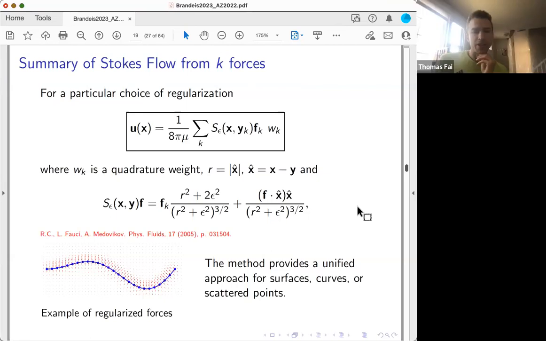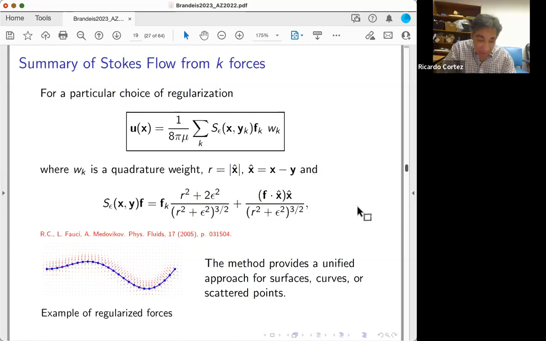Yes, I wanted to ask about that. So how should we think about epsilon, for example, in one of these applications you mentioned? Do we think of it as a numerical parameter that you want to essentially do some convergence study and take it to 0? Or do we think of it as having some physical meaning? Yeah, I would like to think of it as having physical meaning.